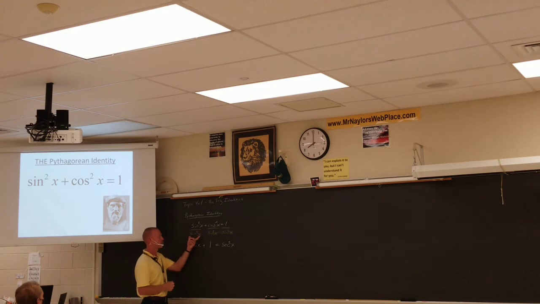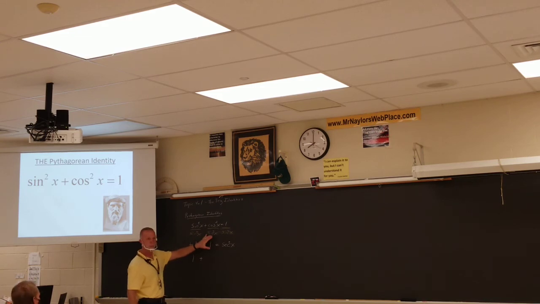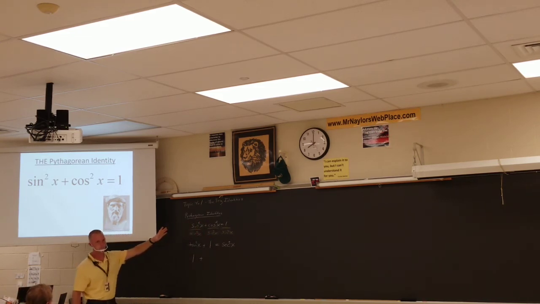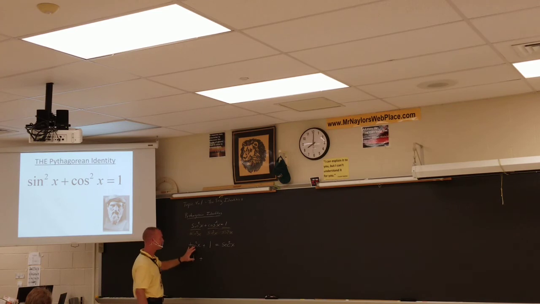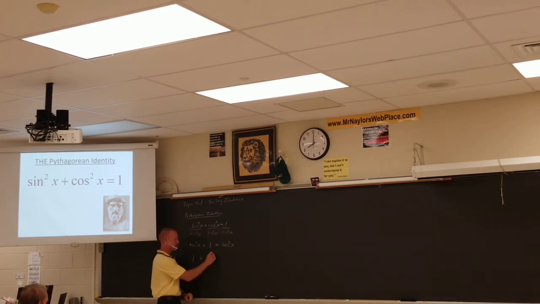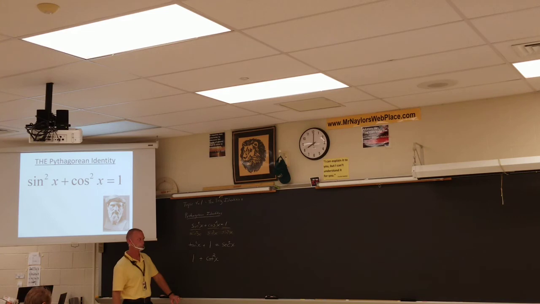Of course, sine squared over sine squared is 1. How about cosine squared over sine squared? That's kind of new, but it is similar to, in fact, it's the reciprocal of a tangent squared, which we call cotangent squared. So cosine squared over sine squared is cotangent squared.